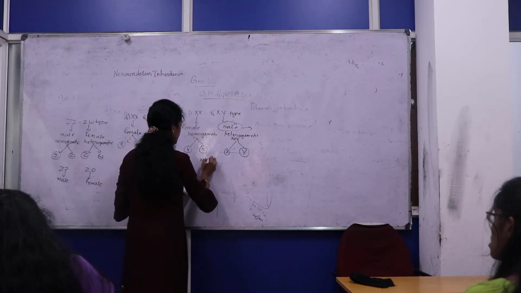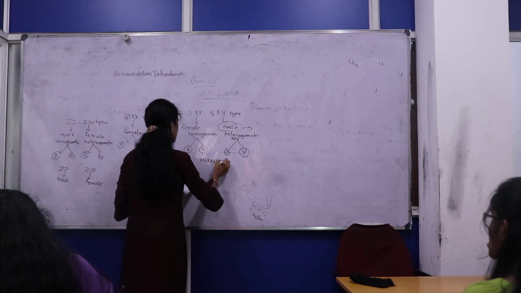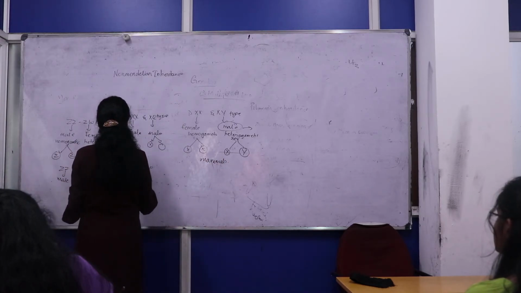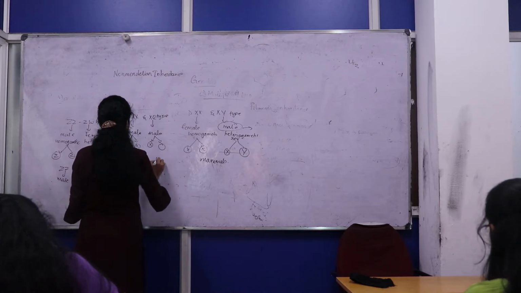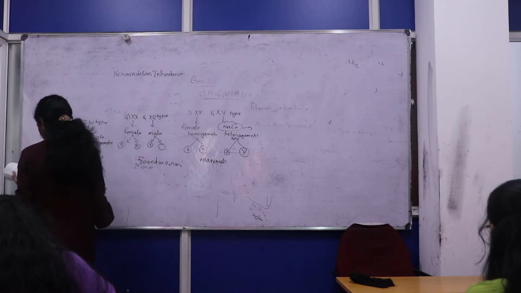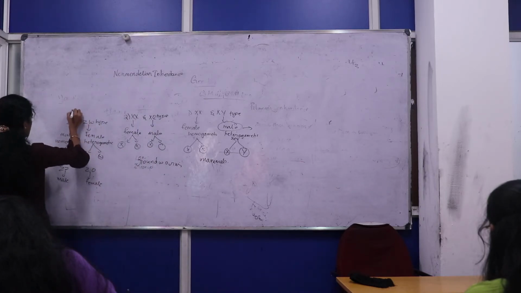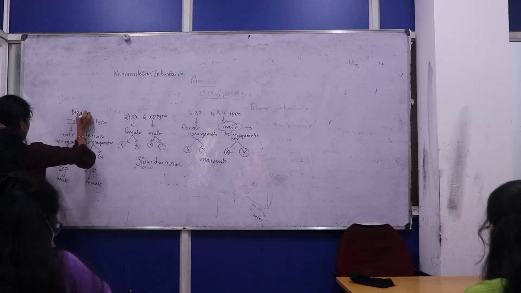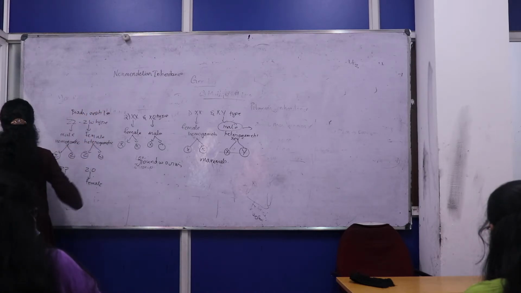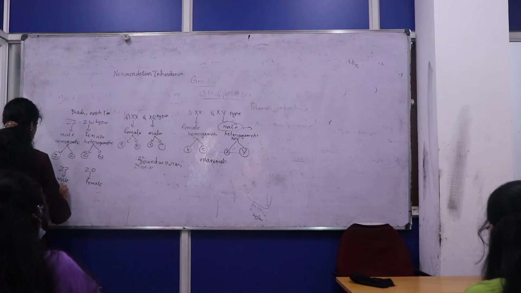So example for XX, XY method. Examples are important, guys. Mammals. Examples for XO method, you have roundworms. Example for ZW type, it is birds and reptiles. And example for ZO method, it is moth and butterfly.